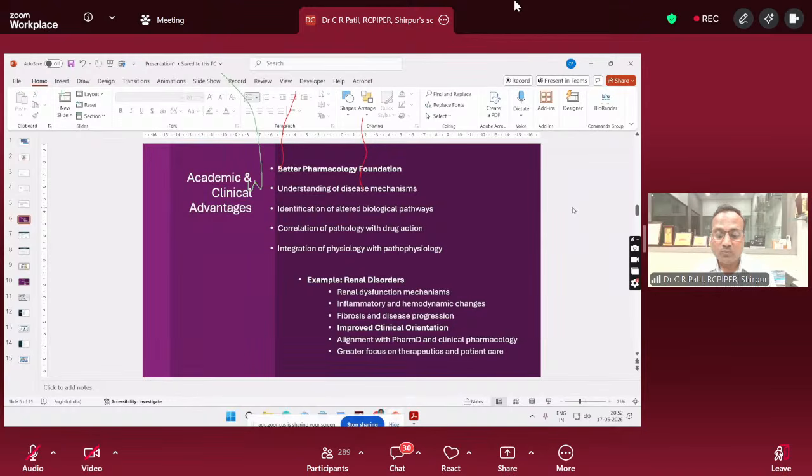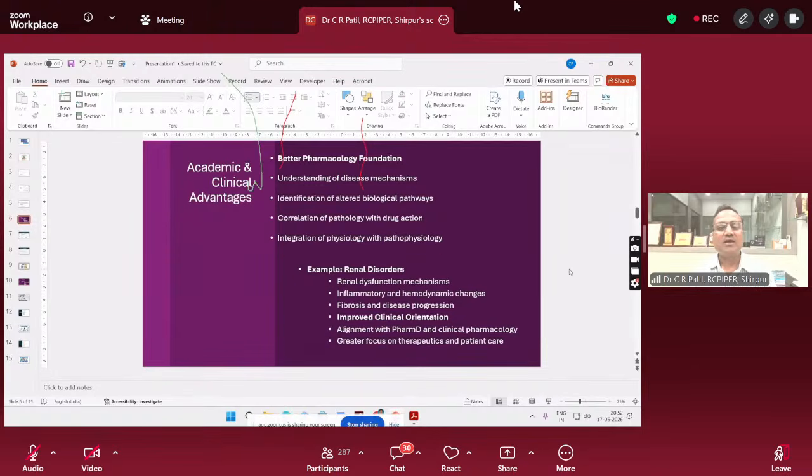If we use these resources, I'm sure you will not feel the burden of integrating anatomy, physiology, and pathophysiology. That is a boon for us now. We'll be able to deliver these things very nicely if we gain a proper understanding of pedagogical techniques, implement the best possible techniques, and use AI for preparation.